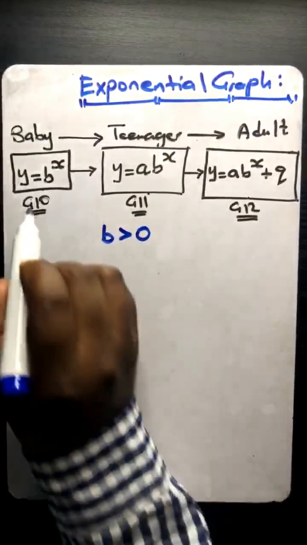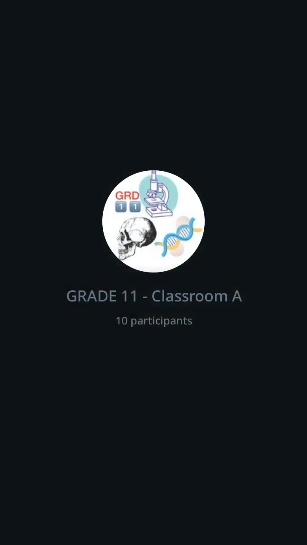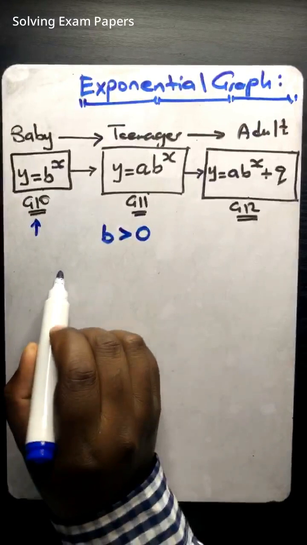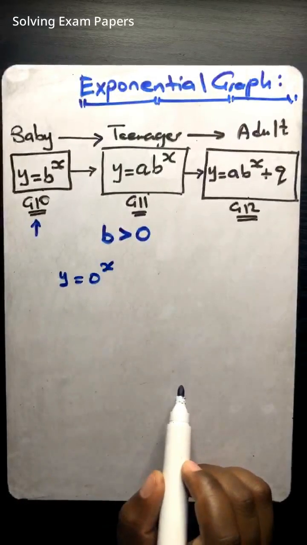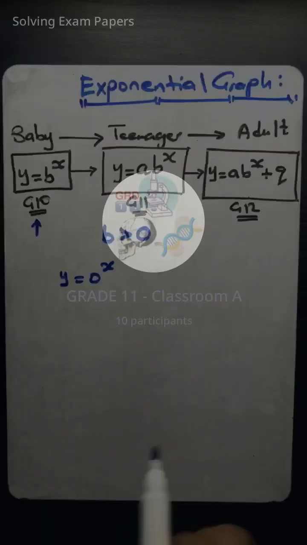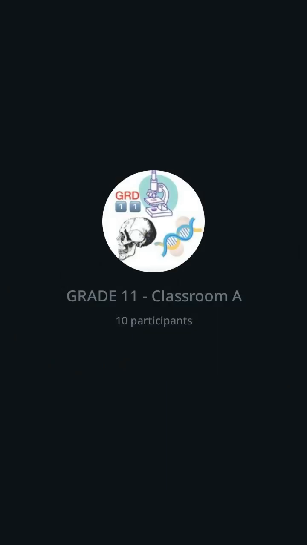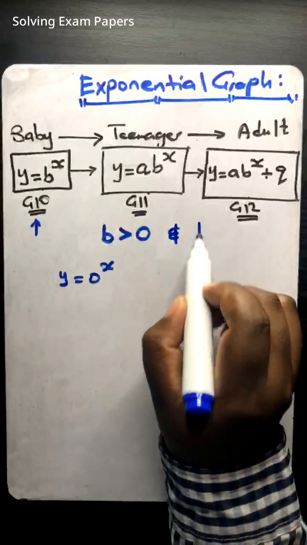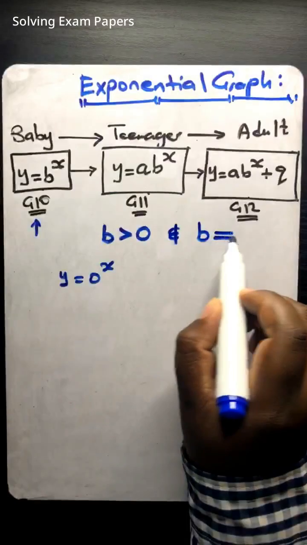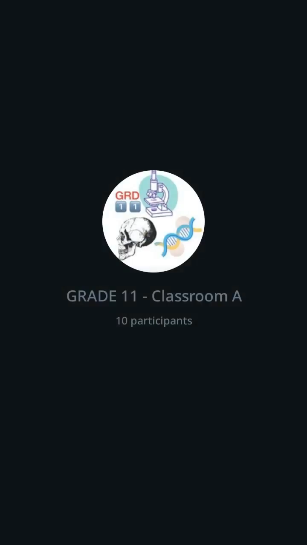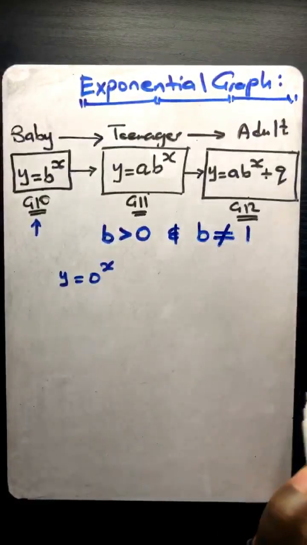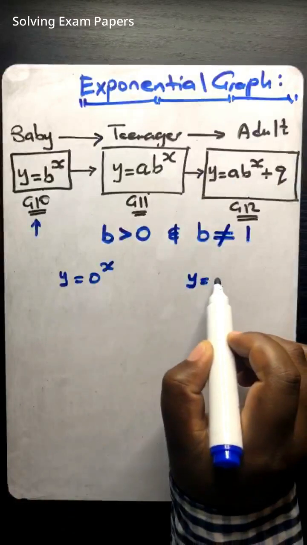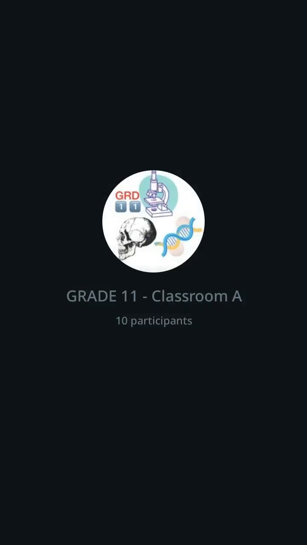That means you will never have y equals 0 to the exponent x, never. Most importantly, your b value will never be equal to 1. That is why we cross the equal sign there. You will never have something like y equals 1 to the exponent x. I hope you understand that.